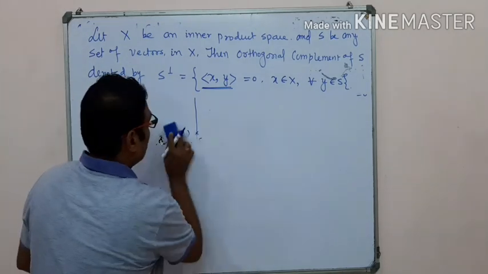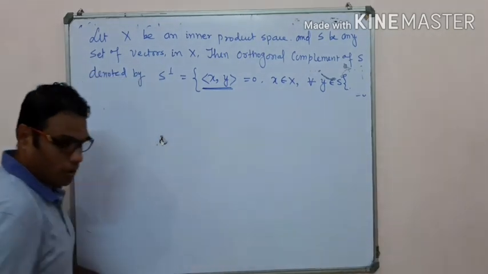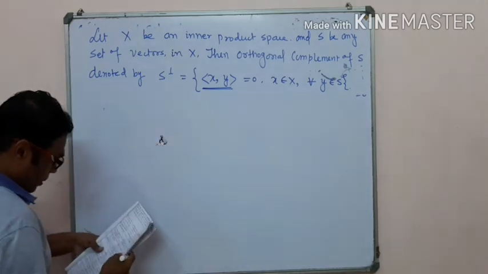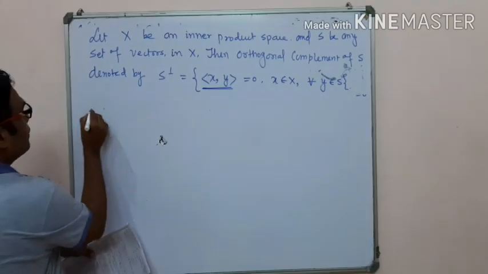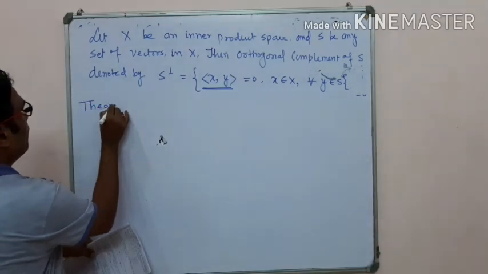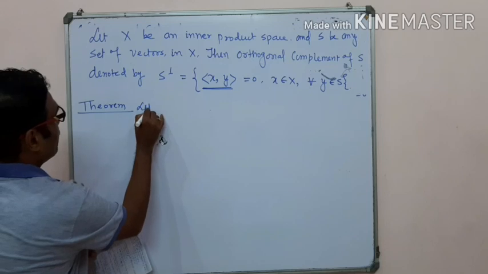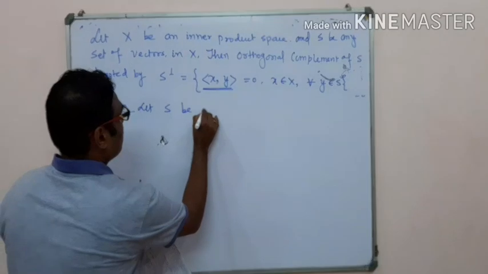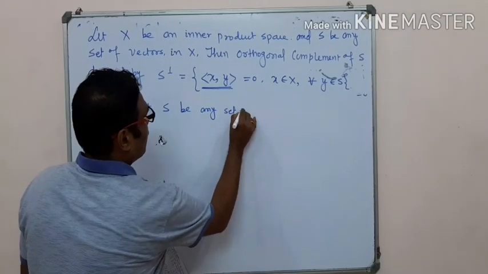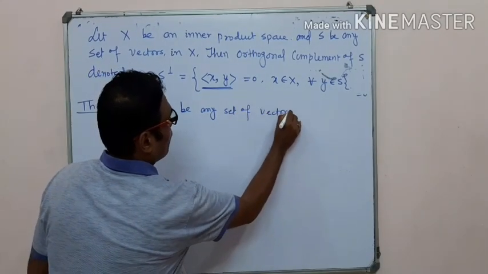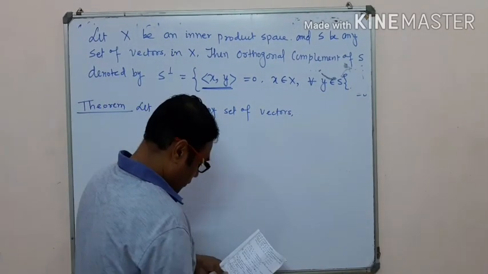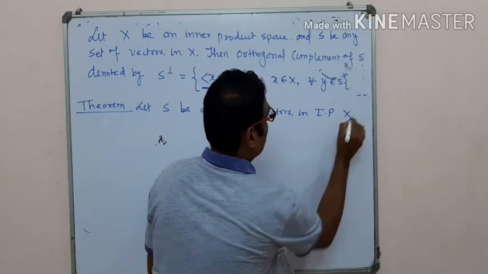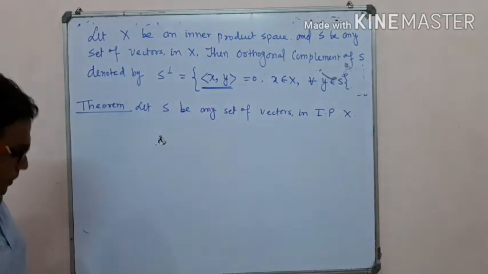Now we have a famous theorem related to the orthogonal complement. An important theorem related to the orthogonal complement: Let S be any set of vectors in inner product space X, where X is the inner product space.